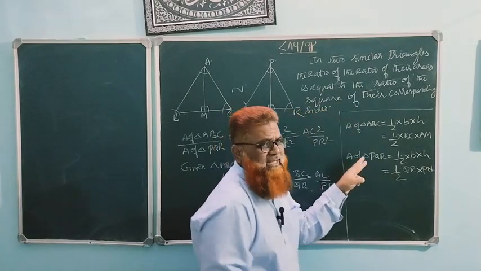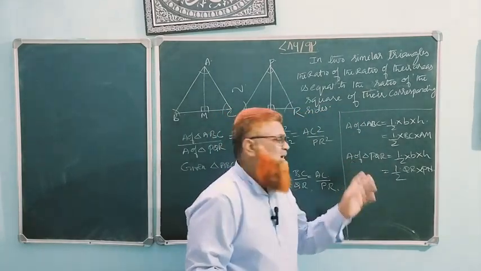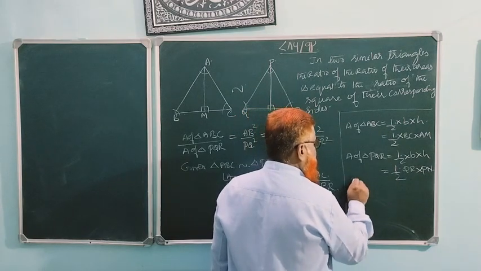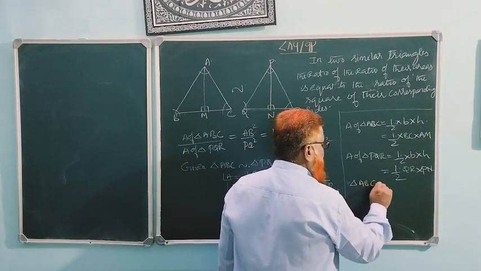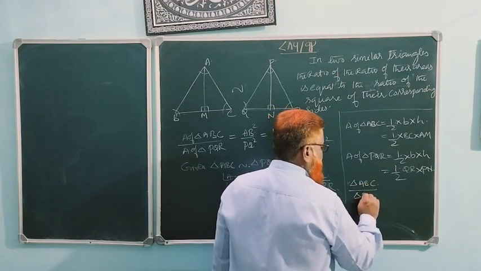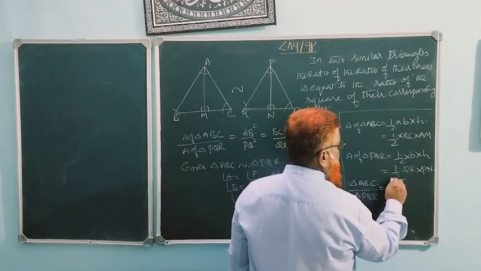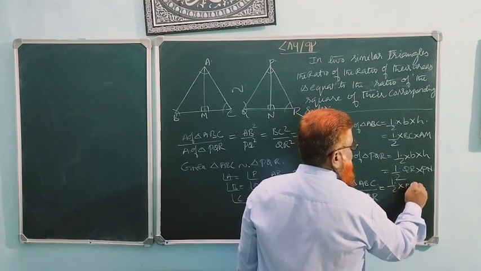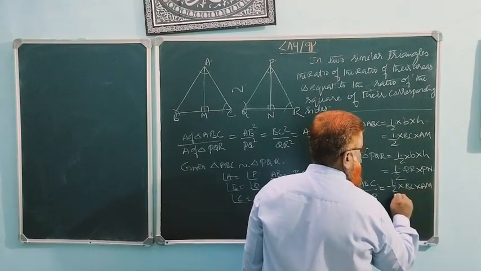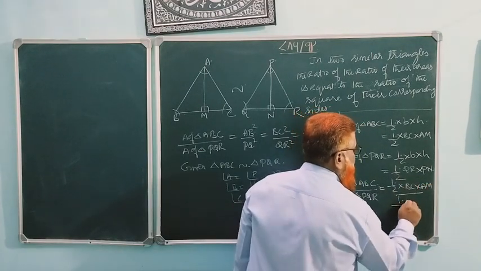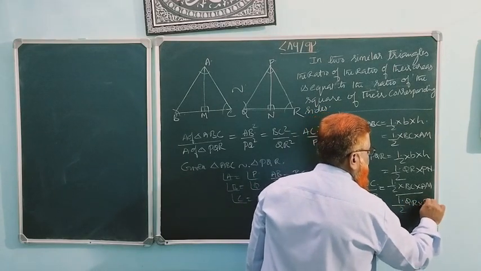Now we take the ratio of the areas of these two triangles. Area of triangle ABC by area of triangle PQR is equal to half into BC into AM divided by half into QR into PN.